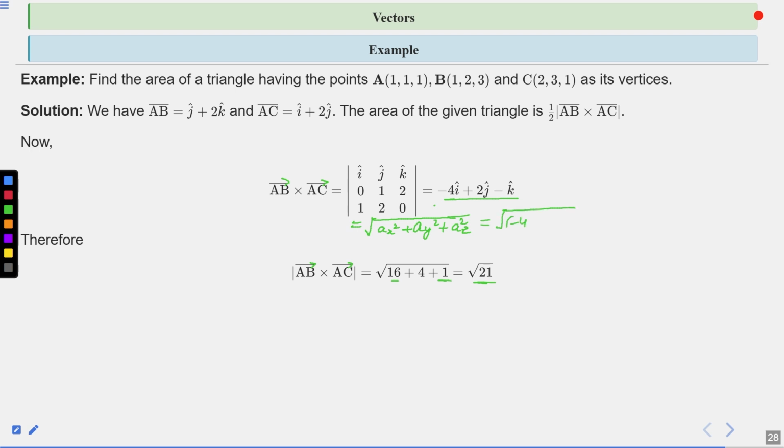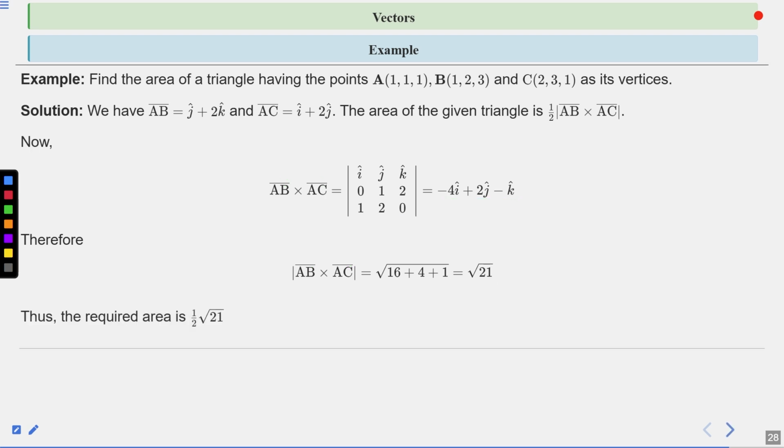Minus 4. Yes or no? And AY is 2, and AZ is 1. So solving this, you will get 16 plus 4 plus 1. So what is the final answer? 16 plus 4 is 20, plus 1. So it will be under root 21. Thus the required area is 1 by 2 under root 21.